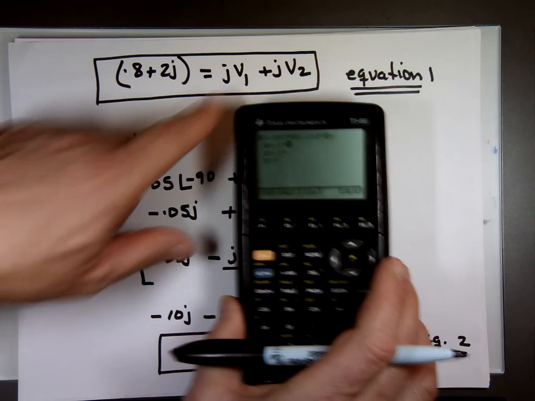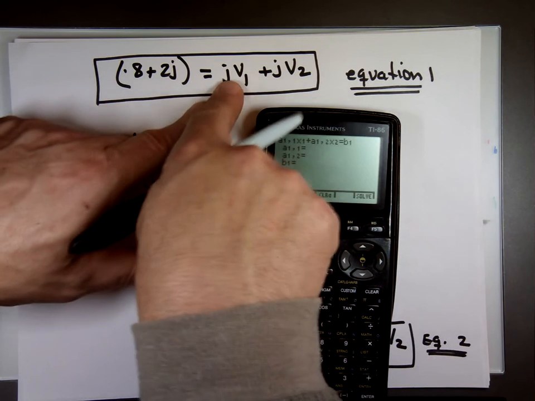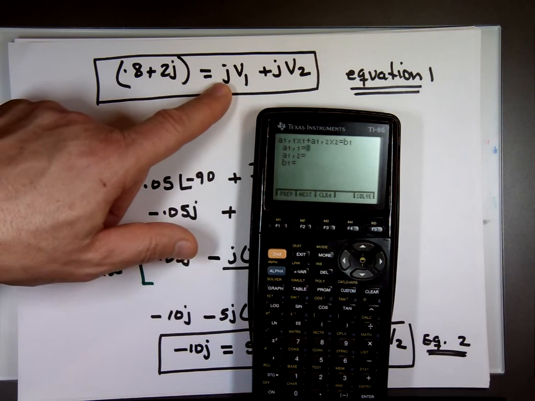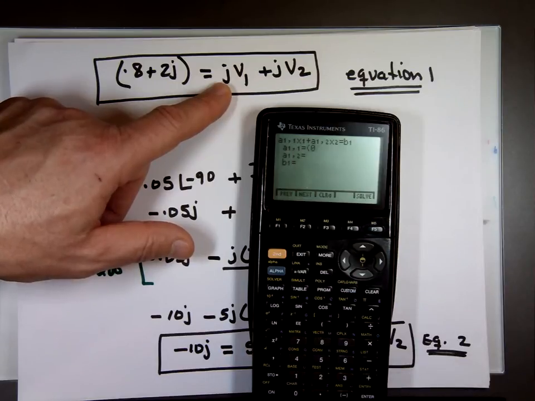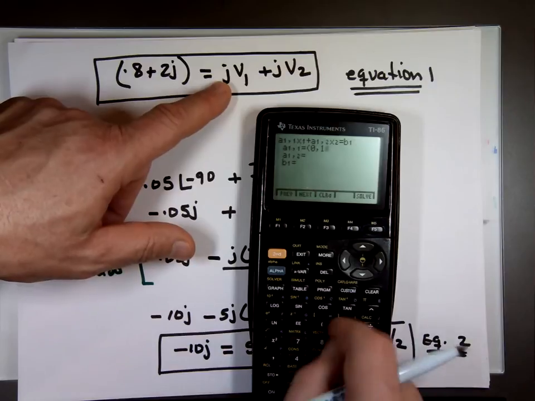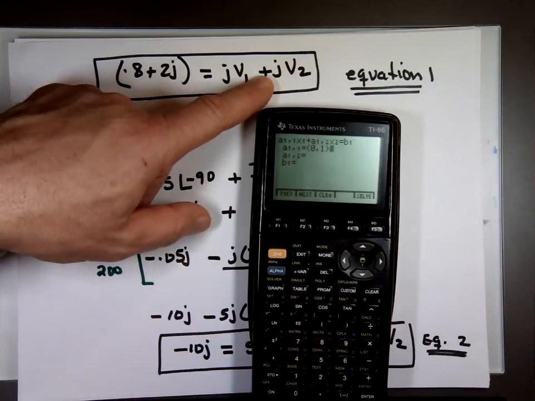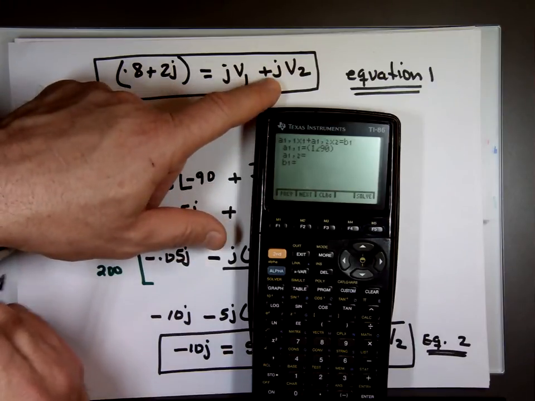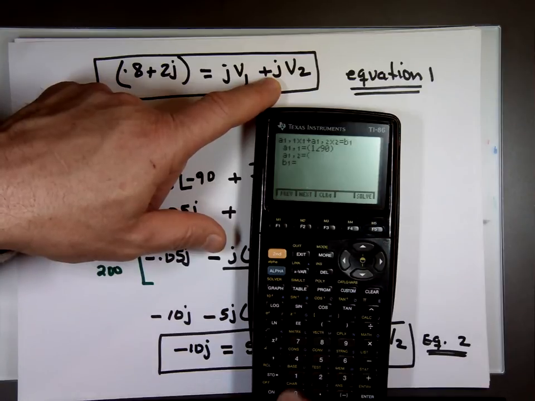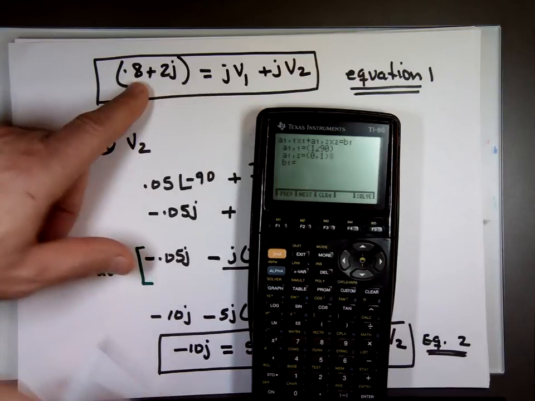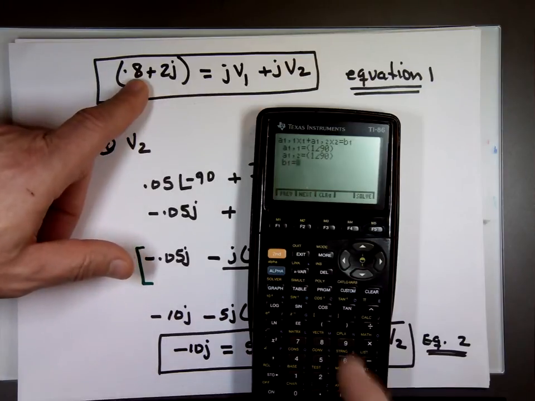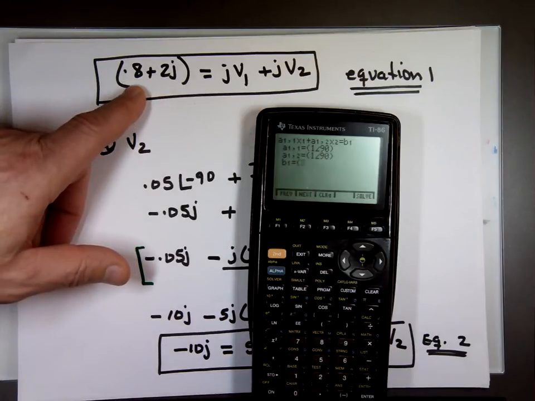This one is 1j, so the way you write that, complex number 0, comma 1. The real portion is 0. The imaginary portion is 1. B1, it's a complex number 0, comma 1, 2. Answer, 0.8, comma 2.